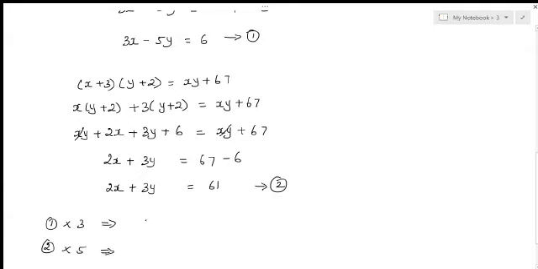So 3 3s are 9x, minus 3 into 5 is 15y, equal to 3 into 6 is 18. When I multiply the second equation with 5, 5 2s are 10x, plus 5 3s are 15y, equal to 5 into 61 is 305.